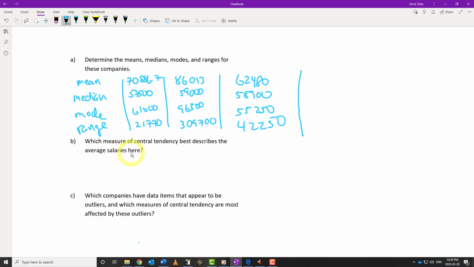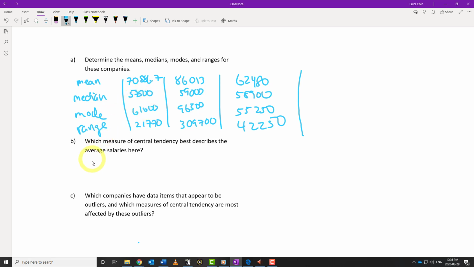Well, for company number one, hopefully you would agree that there is a couple of people that are making crazy amounts of money, and that brings up the average. And so the average looks like everyone on average is making 70,000, but if you take a look at the data, most of them are actually around here.